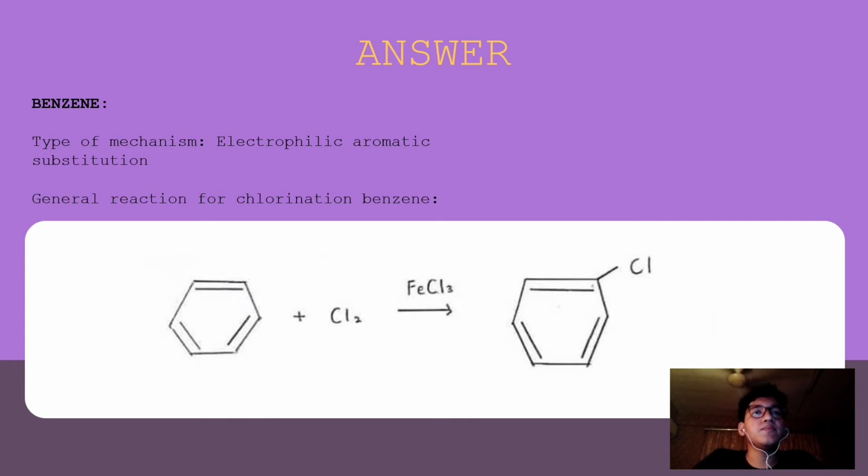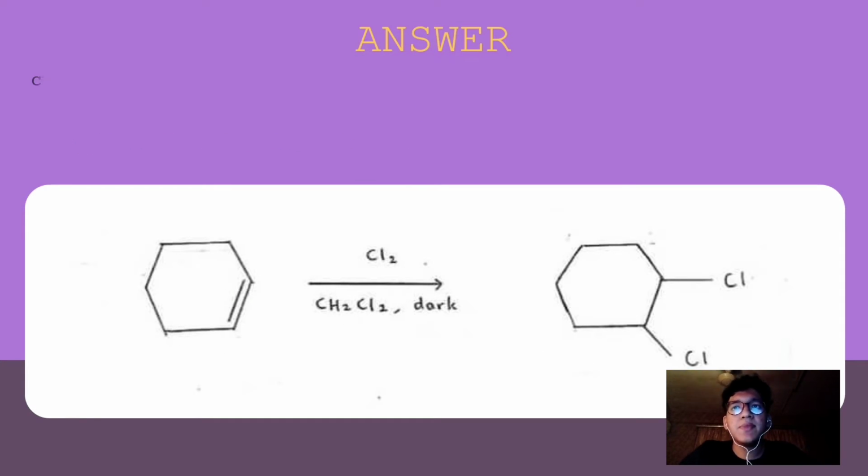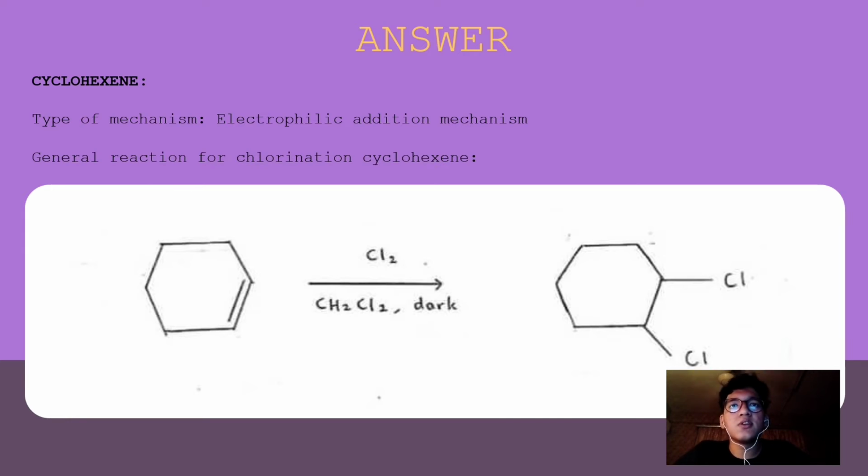For cyclohexene, the type of mechanism is electrophilic addition, and the general reaction for chlorination of cyclohexene is that we have cyclohexene and add chlorine, using chloromethane as the solvent in dark conditions, and we will get dichlorocyclohexane as the product.